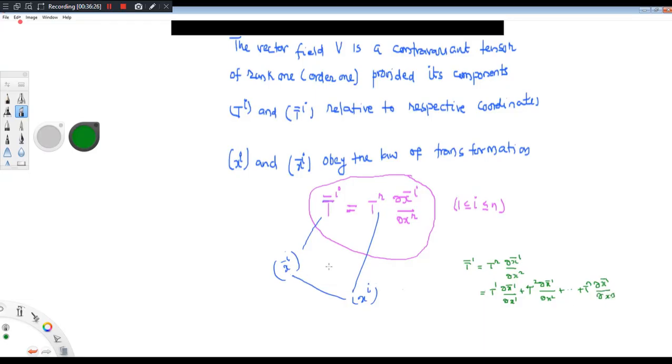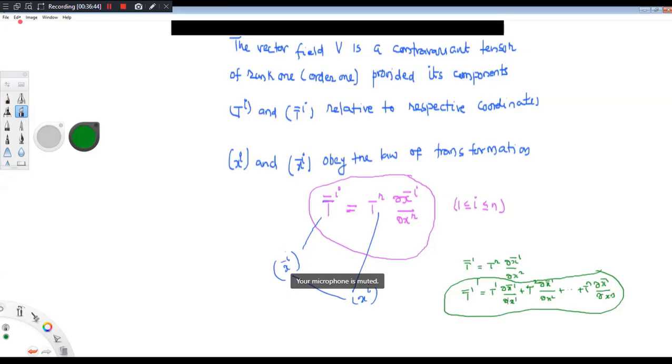So T bar 1 depends on all the other Ti's, T1, T2, etc. Remember that.